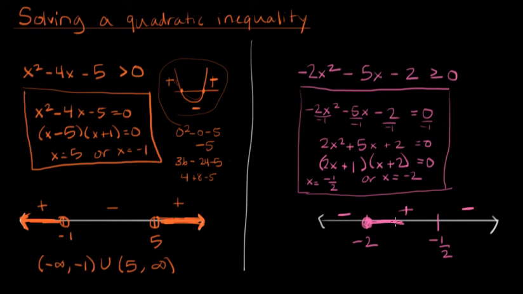It says greater than or equal to 0, so that's where it's positive, and we are including our endpoints. So if we wanted to write it as an interval, we would write from negative 2 to negative 1/2, with brackets on both because we are including those endpoints. And that's how we solve a quadratic inequality.